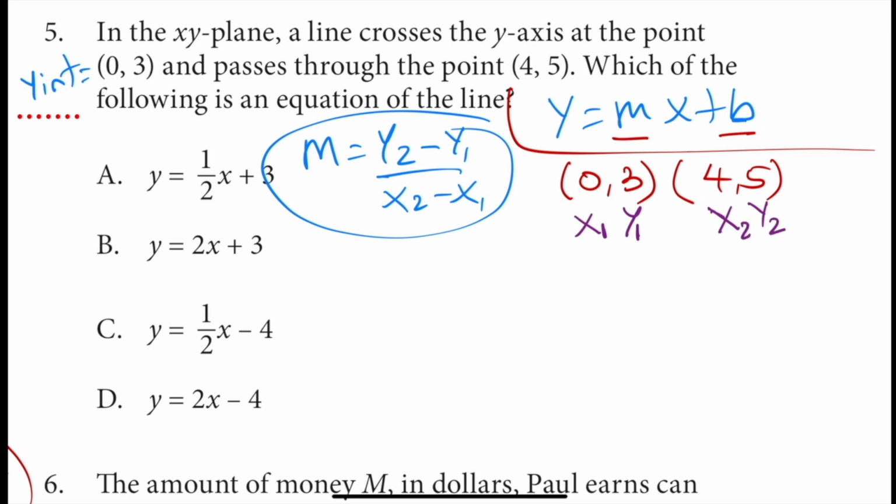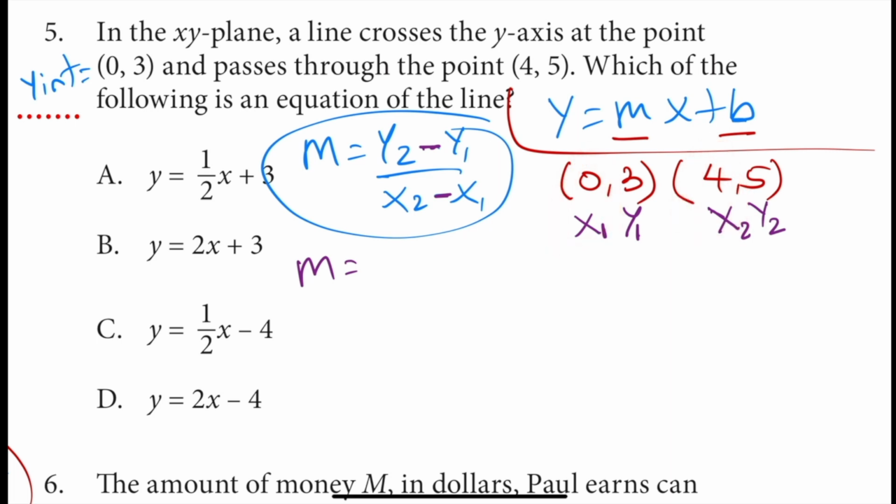As soon as I have that, it's just a matter of plugging it back into the formula. When you're replacing in the formula, be careful with the minus sign, all right? There are a lot of double negatives. Not now, but you'll have many problems with double negatives. Be careful with that. So 5 is y2, 3 is y1, 4 is x2, 0 is x1.